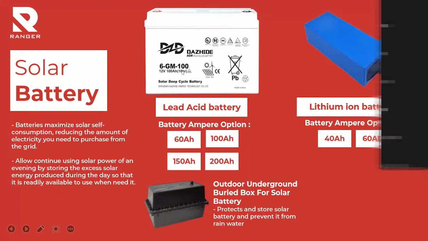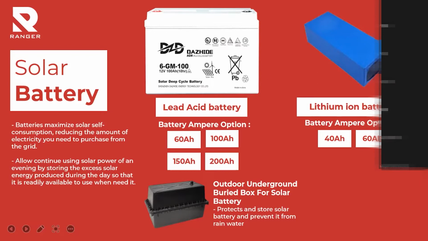Lead acid is heavier than lithium ion. That's why it needs to be stored underground using this outdoor underground burette box for solar battery. If the user is using this battery, it must be stored in the ground using this underground burette box. As you can see, the cable from the battery will come out from this hole to the solar controller.